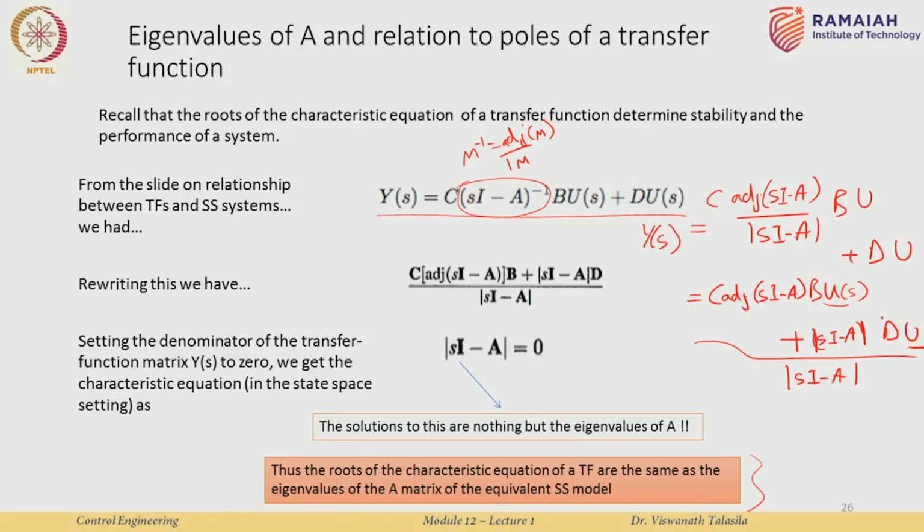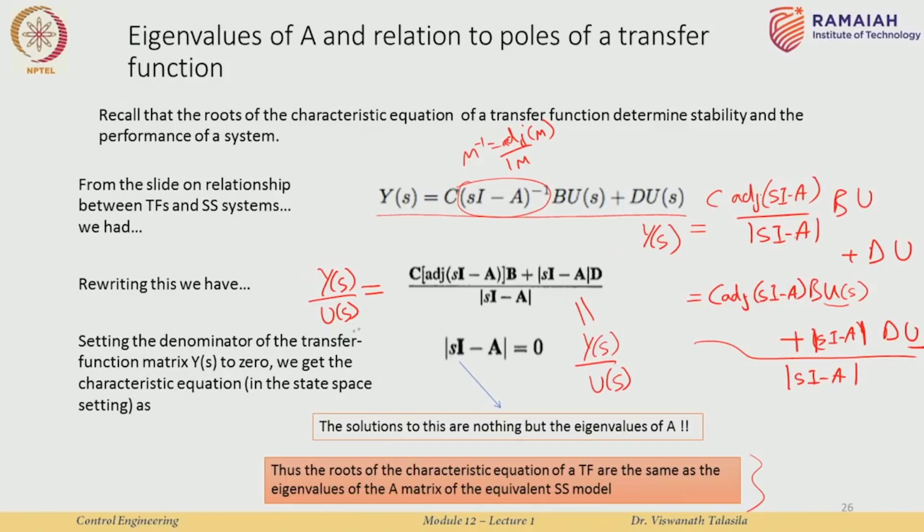So take U as a common factor, and if you divide by U on the left hand side, you would get Y(s) by U(s) on the left hand side, and that is equal to this expression over here. So this was basically Y(s) by U(s) when I take U as a common factor in the numerator and then bring it onto the left hand side.